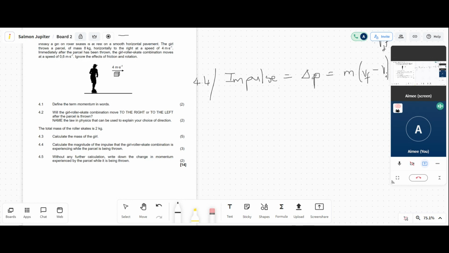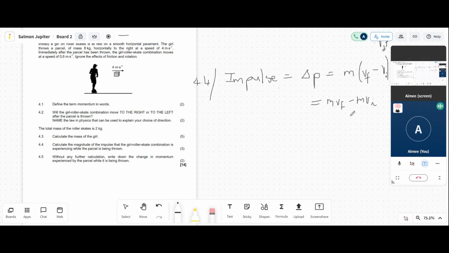Okay, so change in momentum. This formula can also be written as mass times Vf minus mass times Vi, because you're calculating momentum at the end and you're subtracting it from momentum at the start.